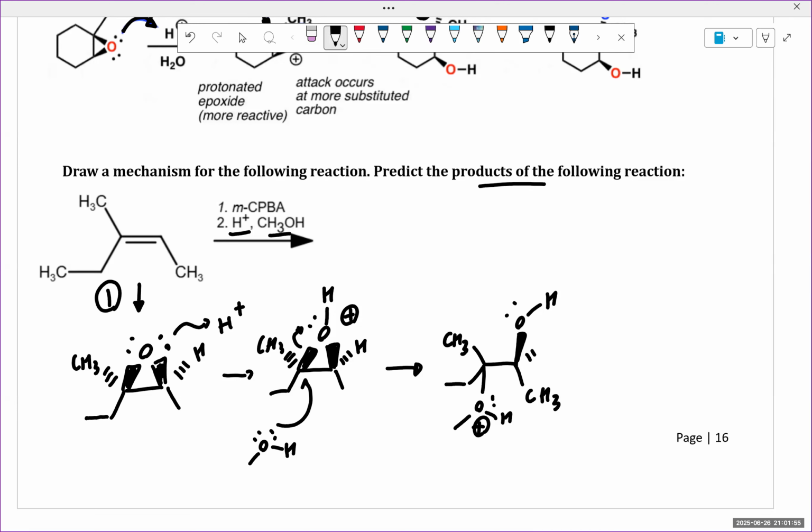Now, before we assign dash wedge notation in its entirety, it's important to note that the alcohol is pointing towards us, and so this OH group is pointing towards us. The methanol added from the opposite face.